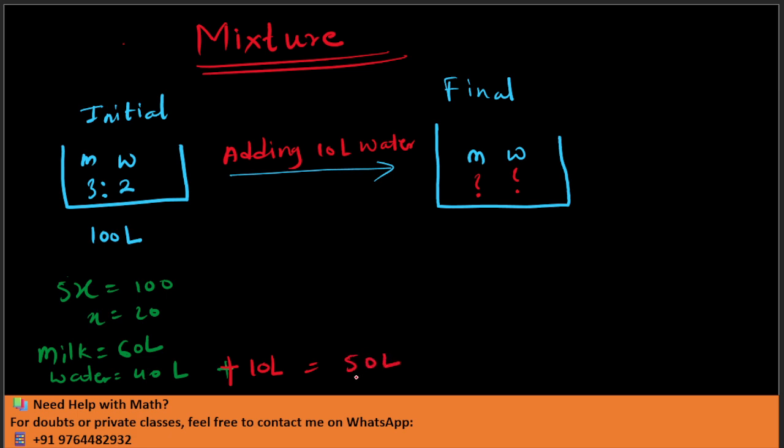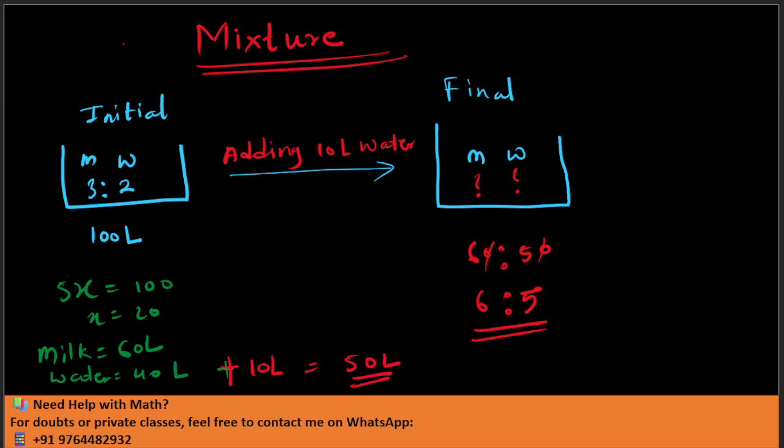Now I have 60 liter of milk and 50 liter of water, and now I have to take the ratio. So it will be 6 is to 5. So this was the first type where we have given the quantity as well as the ratio, and we are adding one of the components, and we will be asked the final ratio.